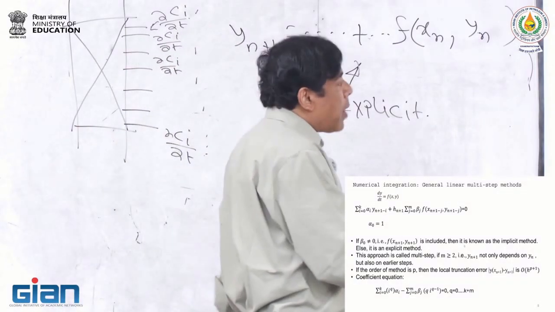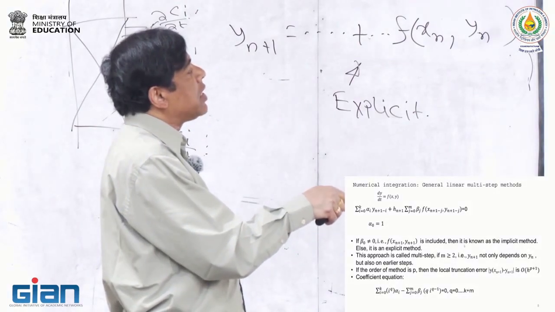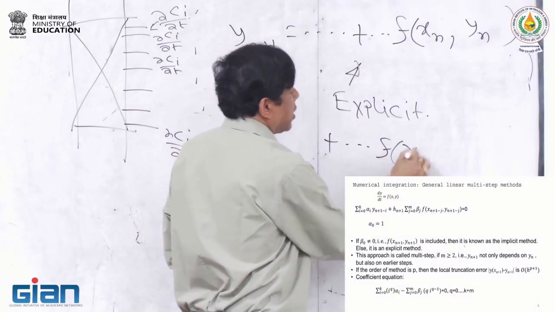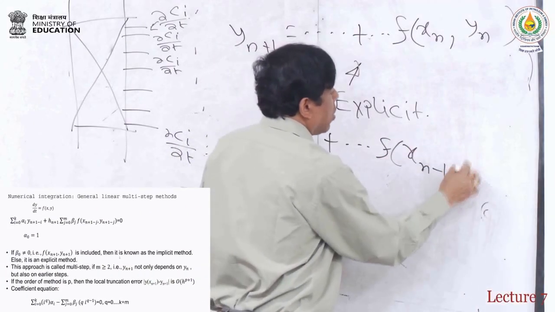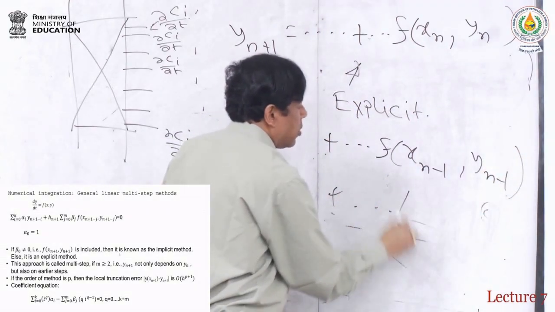So now this approach is called multi-step if this is greater than or equal to 2. Say I am considering j equal to 2, then I will get n minus 1. So this will become a function of terms like f of x n minus 1, y n minus 1, and similar terms, right?